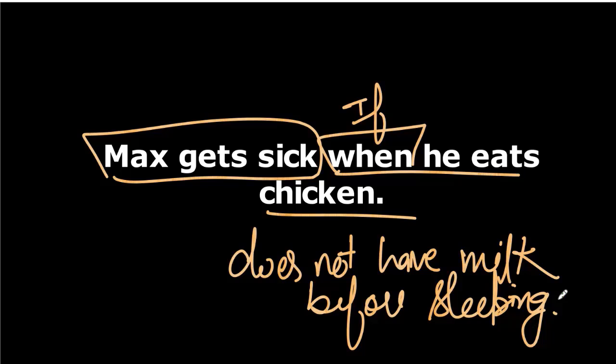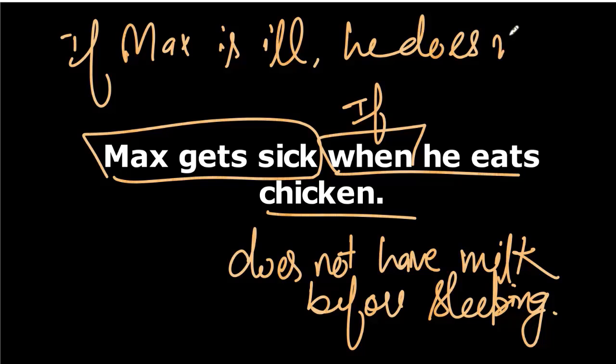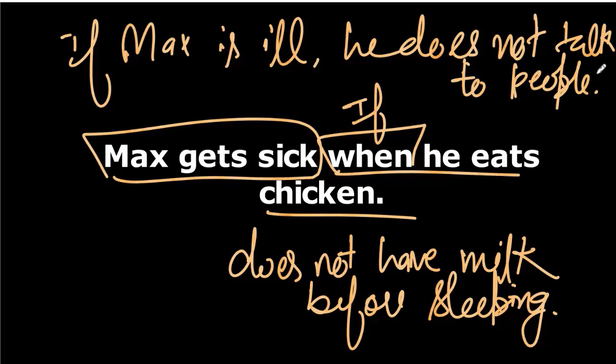If Max is ill, he doesn't talk to people. He doesn't talk to people. So here the result clause is negative, doesn't talk to people. Both the clauses can also be negative.